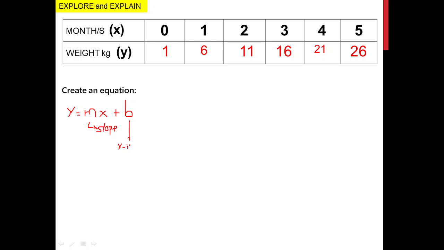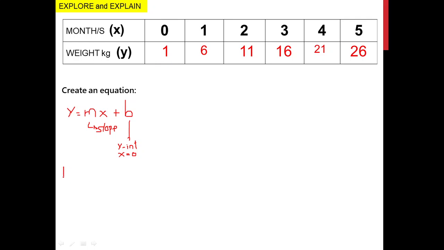Y-intercept is the point where the line of the graph passes through the y-axis, meaning our x is equal to 0. Based on our data, this is the only data where x is equal to 0, right? Therefore, our y-intercept here is 1.